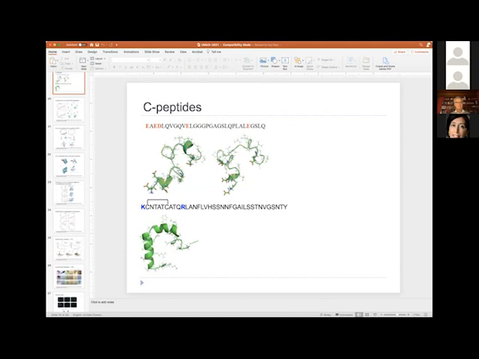So this is +2, this is -5. Each C-peptide, due to electrostatic pairing, can bring multiple IAPP together, which promotes the self-association of IAPP, and that's why it promoted IAPP aggregation.